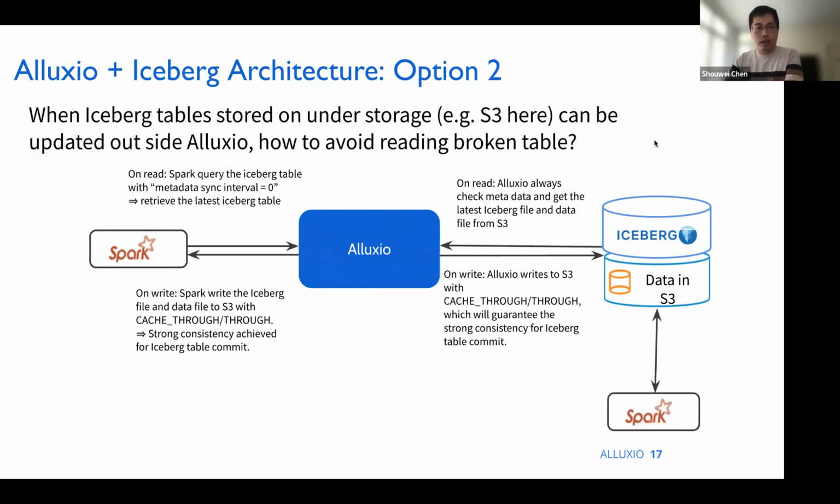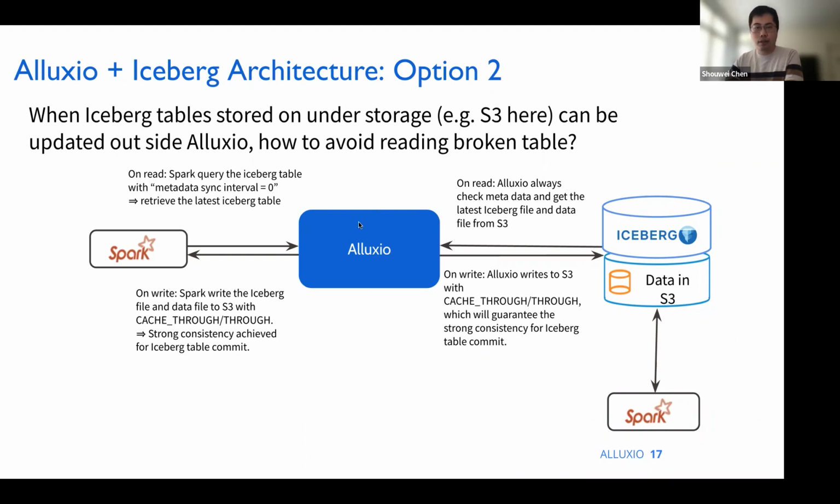The second option is a little bit more comprehensive, because we notice many users not only use Alluxio as their data orchestration layer, but they still want to write the data directly back to their under file system. For example, here you have one on-prem Spark cluster that talks to Alluxio, but another Spark cluster, maybe in EC2, talks directly to S3.